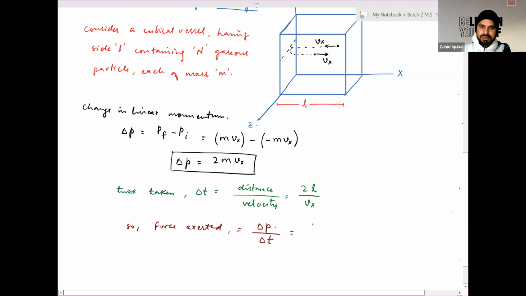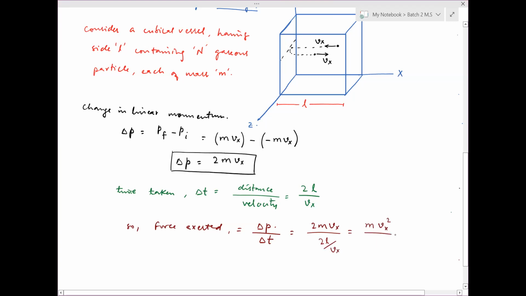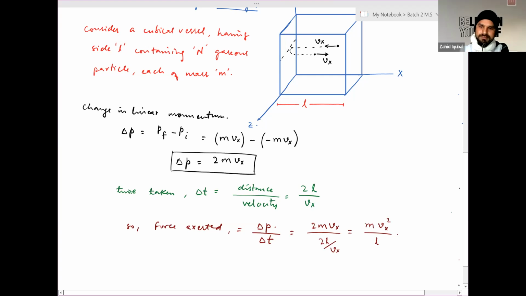So it will be 2 times mvx divided by time taken, 2 times L divided by Vx. 2 and 2 will cancel out, so you're left with mvx squared divided by L. For time taken, we are using velocity equals distance upon time, that formula. Okay, sir.